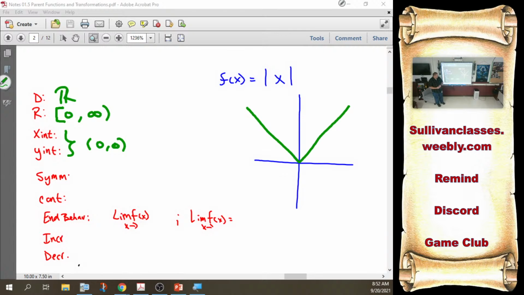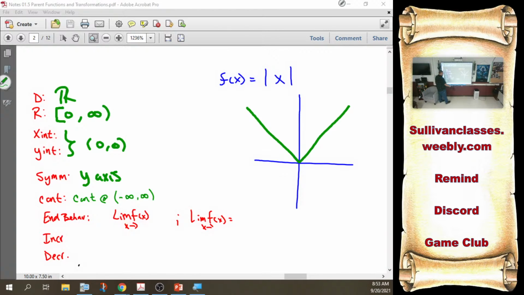0, 0. Symmetric to the y-axis, because if I were to negate x, well, absolute value of whatever, it's still positive. So your test is pretty simple for it. Continuity: it is, again, continuous for all real numbers. I never got to pick my pencil up making an absolute value graph.